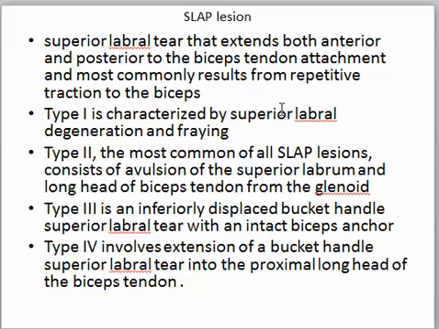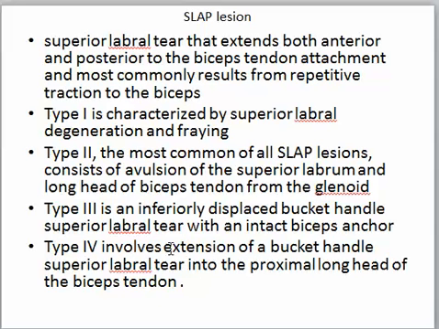So the first type is only labral, the second type is labral and biceps, and number 3, there is displacement of the whole thing. The biceps is intact, but the labral tear is displaced. Number 4 is that both are involved.